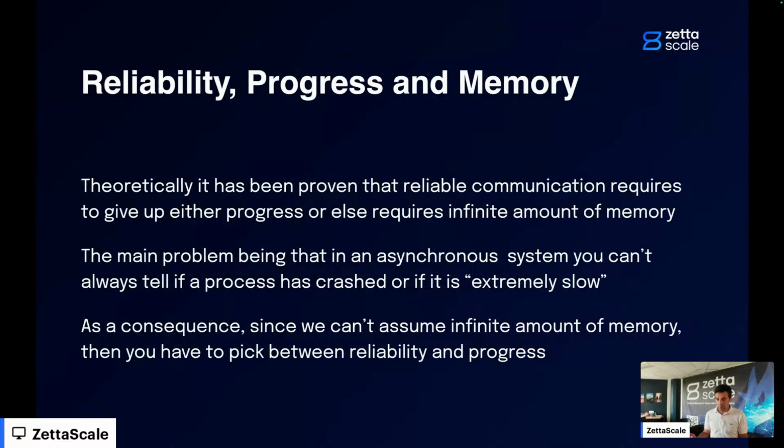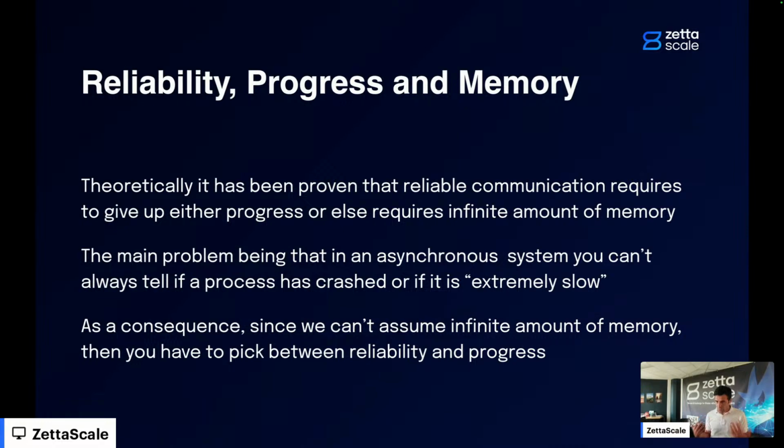So why so? The main reason, just to give you an intuition, is that in an asynchronous system, think about the internet, right? It's very hard for me to tell if a process has crashed or it is extremely slow. And in fact, I can't really tell.